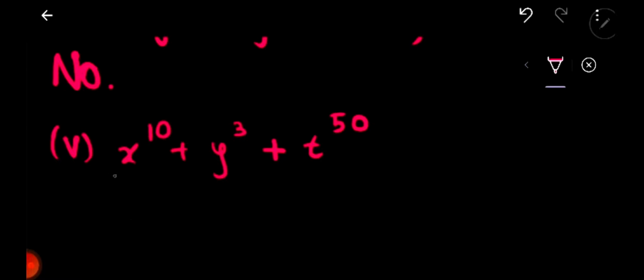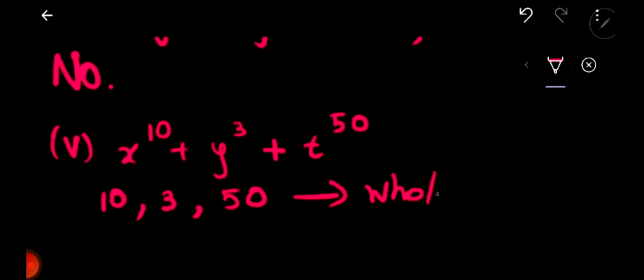Here we have three variables, and the power of the first term is 10, y to the power 3, and t to the power 50. So these are all the powers. The powers are whole numbers only.